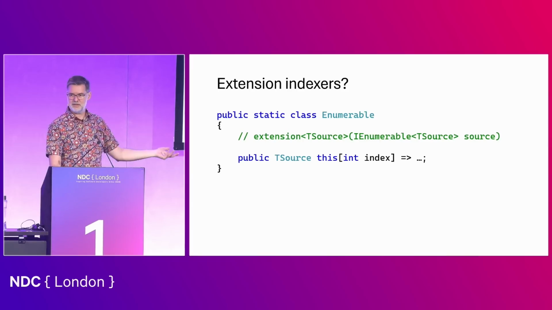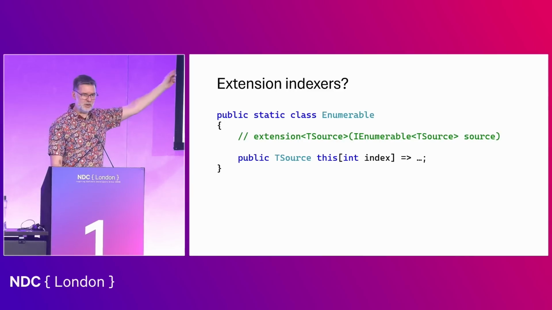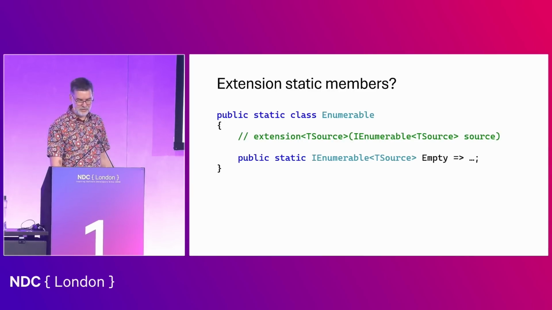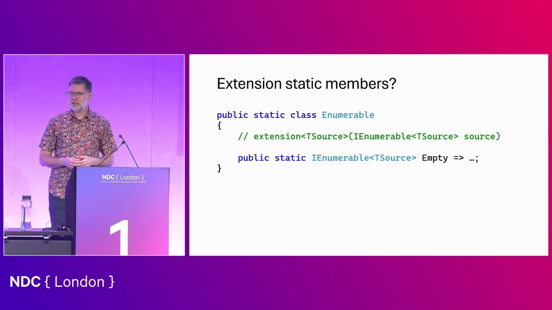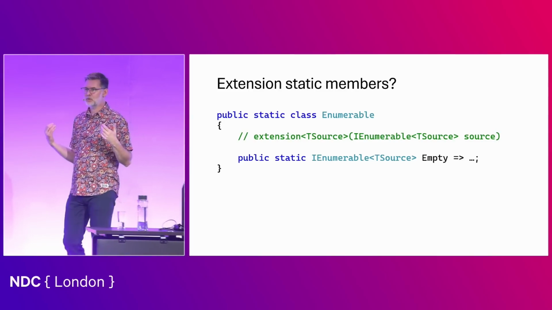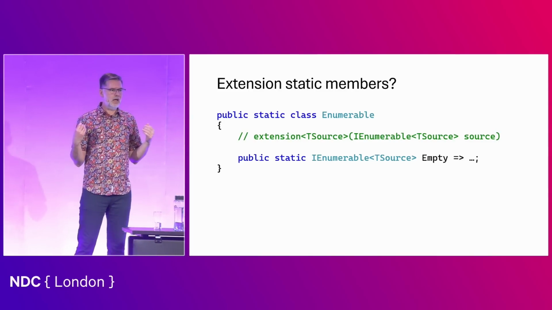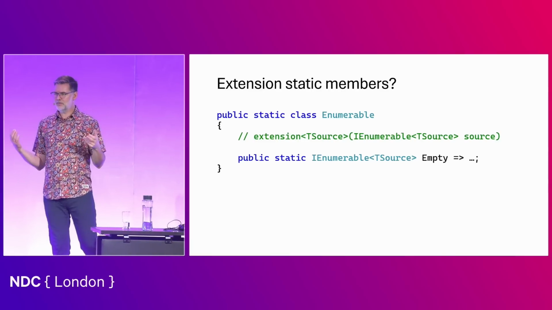It just looks like the thing it is, right? An extension indexer is just an indexer, where somebody else somewhere said where it's going to go, what it's going to apply to. Extension static members would be really useful too. So now it's just that little syntactic matter of, well, how and where do you say that extension stuff?